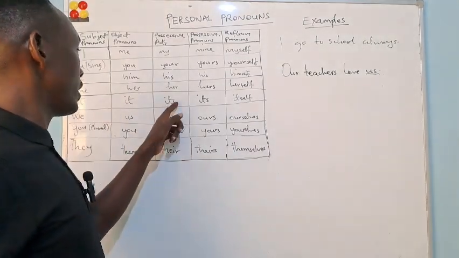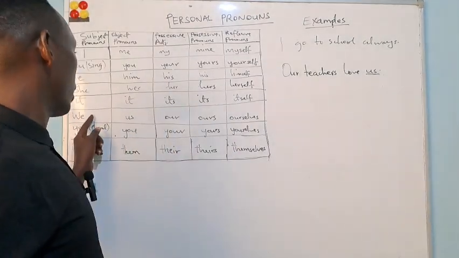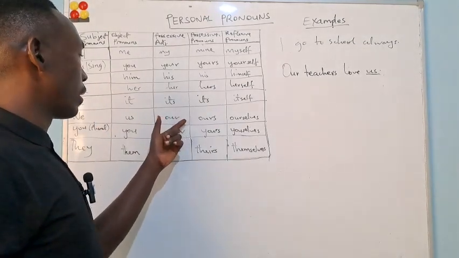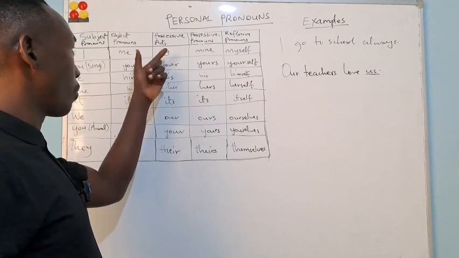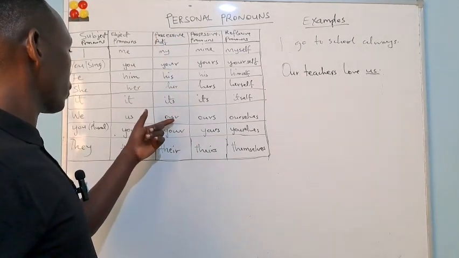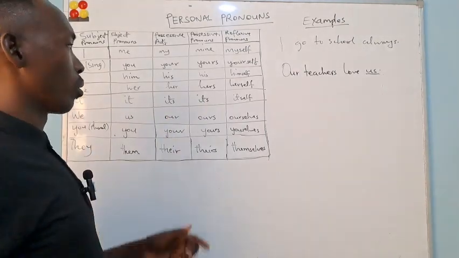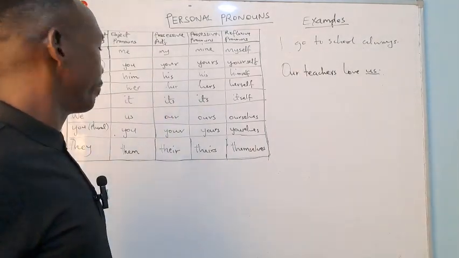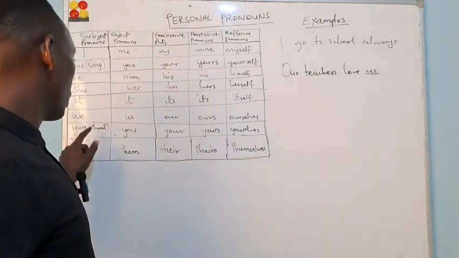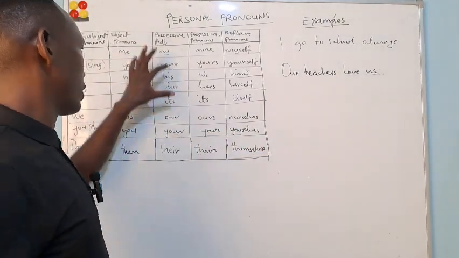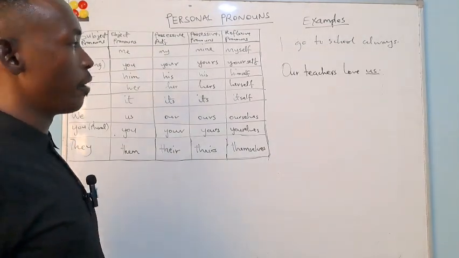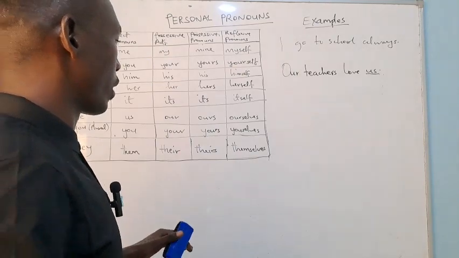It is its. We is our. The possessive adjective of we is our. For example, you can say our home, our teachers, our school. You plural is your, the same thing, okay? And they is their.